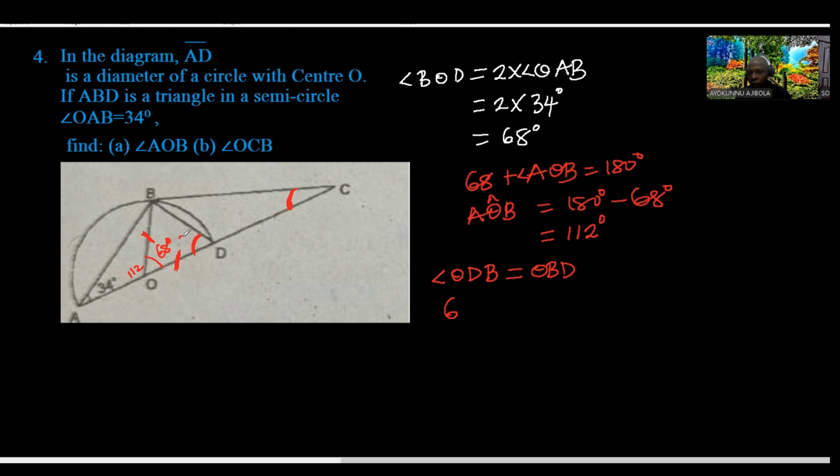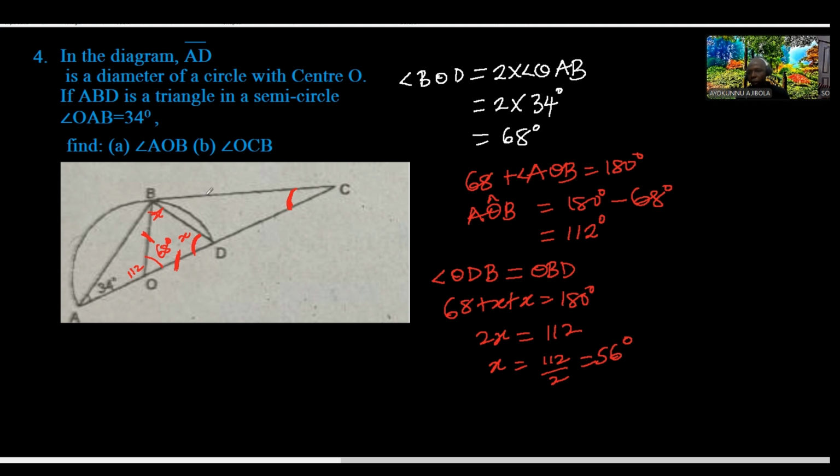If we name this X and this X, we have 68 plus 2X equal to 180 degrees. So 2X equals 180 minus 68, which is 112. So X is 112 over 2, which is 56 degrees. Okay?